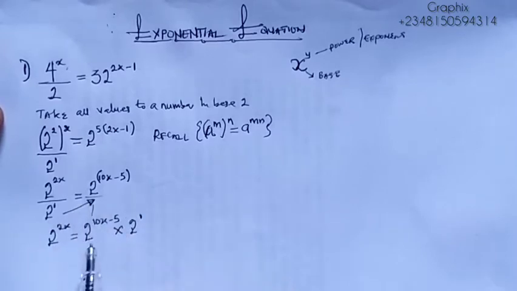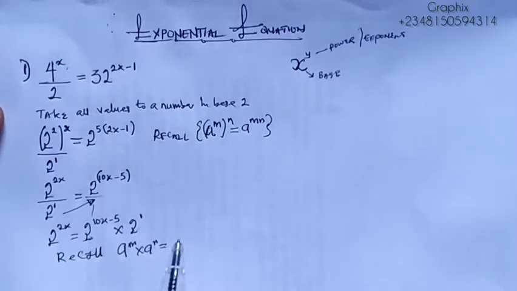Now the next thing you do is, since they have the same base here, they are going to add. Recall, there's a law that says a to the m multiplied by a to the n gives a to the m plus n.